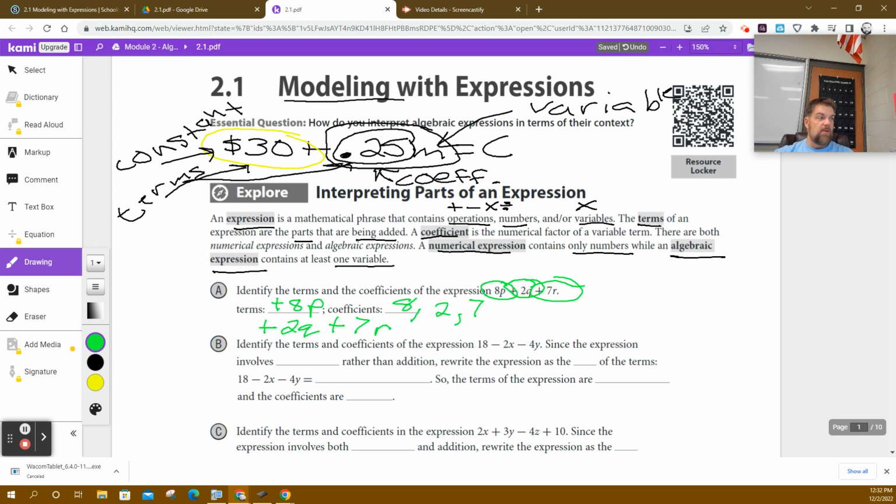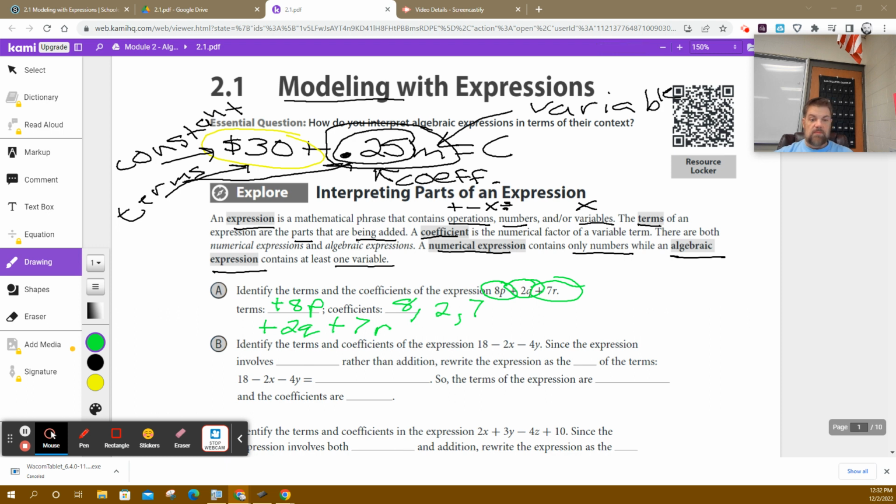So for part B, what they want us to do is identify the terms and coefficients of the expression. And so this is a term. Notice that when Mr. Adams circles the term, I circle the sign with the term.